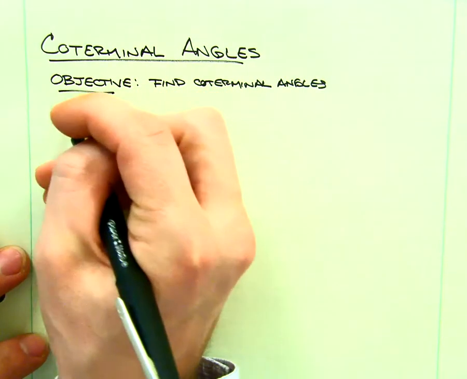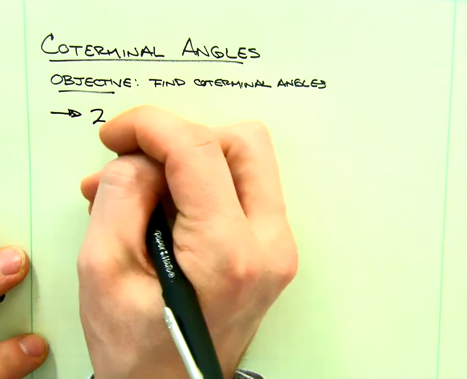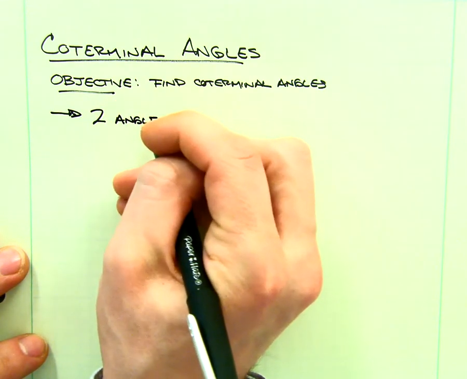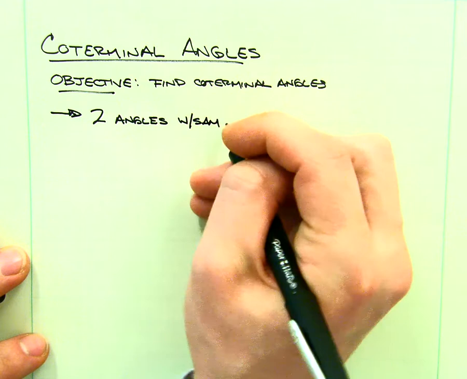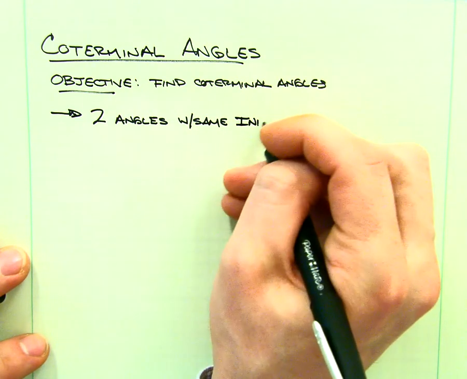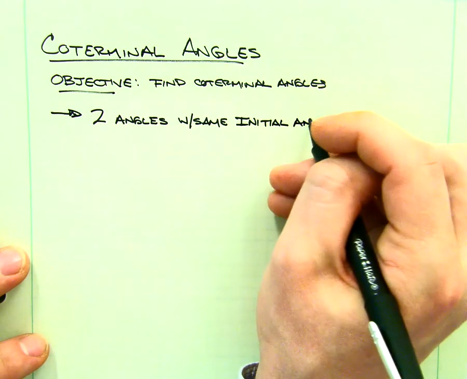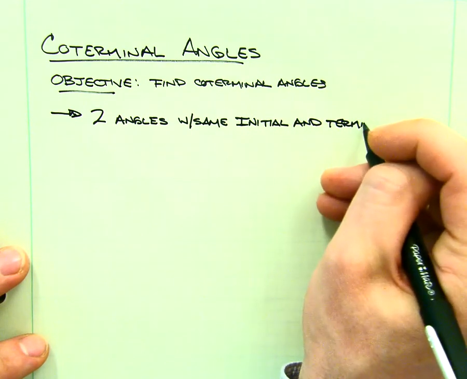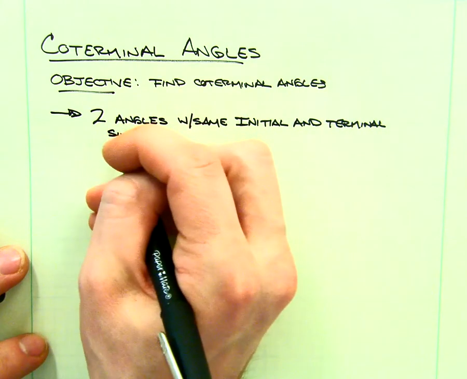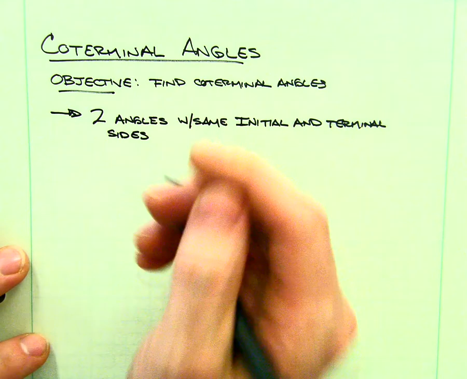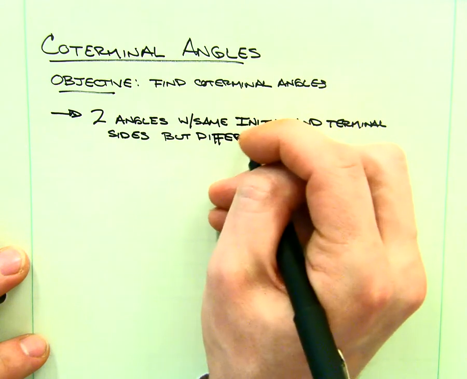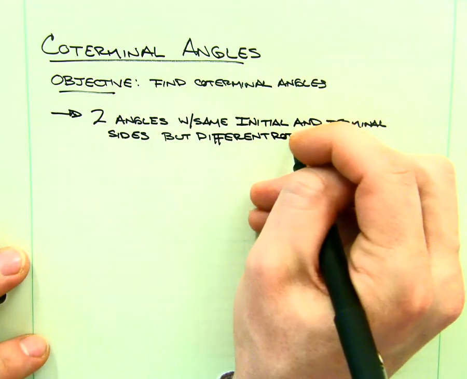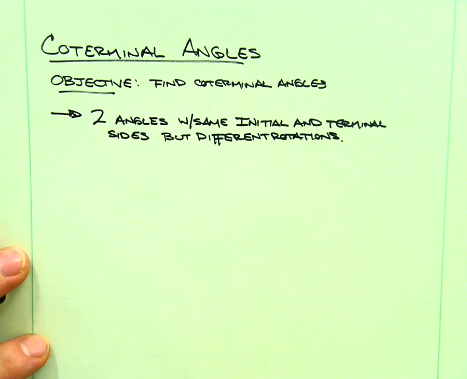So coterminal angles, it's two angles with the same initial and terminal sides but they have different rotations. Two angles with the same initial and terminal sides, but different rotations.